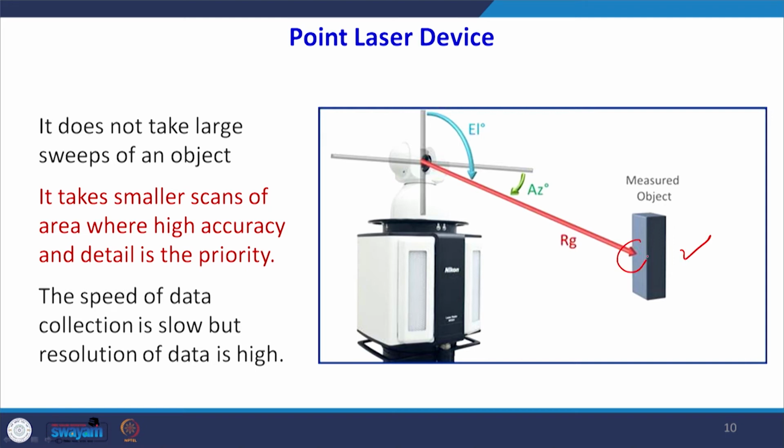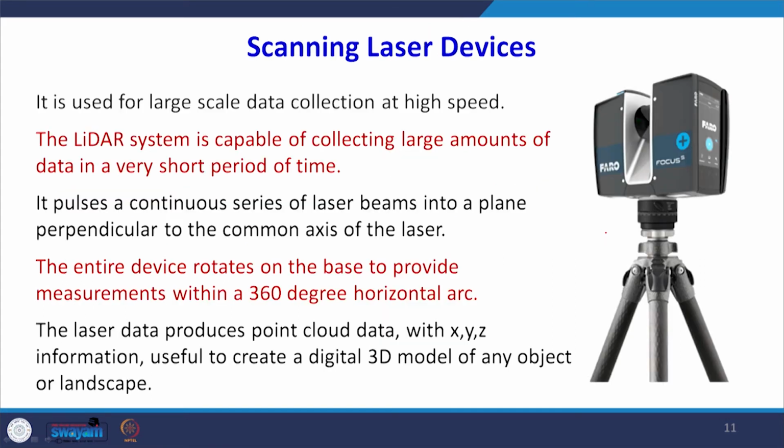So we get the x, y and z coordinates of that single point at any instant, and point by point it collects the data. It takes a very small scan at a given time, but if you want to achieve very high accuracy, this will give it. So speed-wise it is slow, but the resolution of the data is very high.